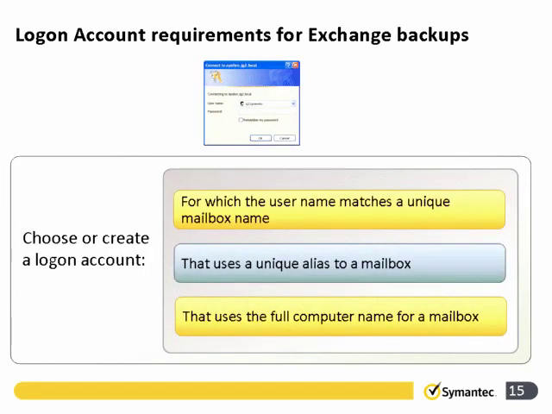The logon requirements: when I log on, I have to provide a username that matches that unique mailbox name. It can use a unique alias, but I have to have a full computer name for that mailbox.